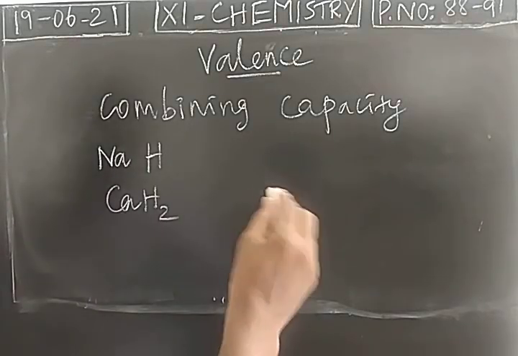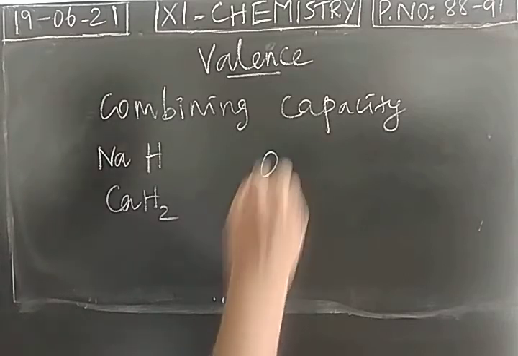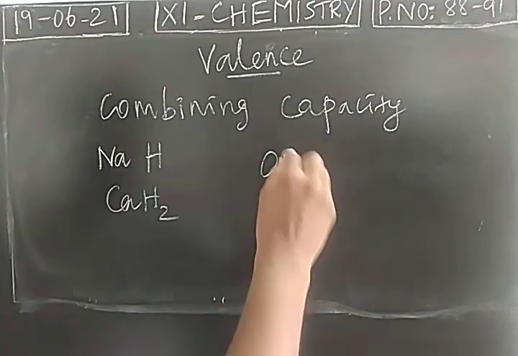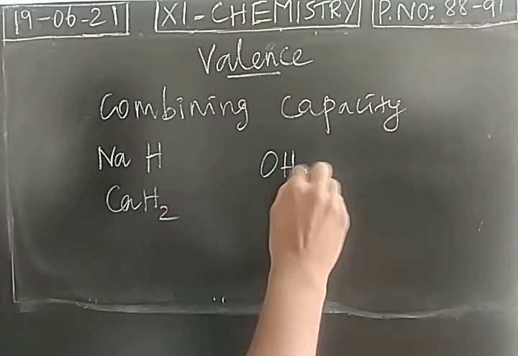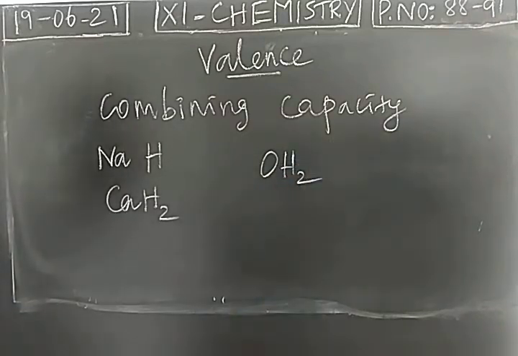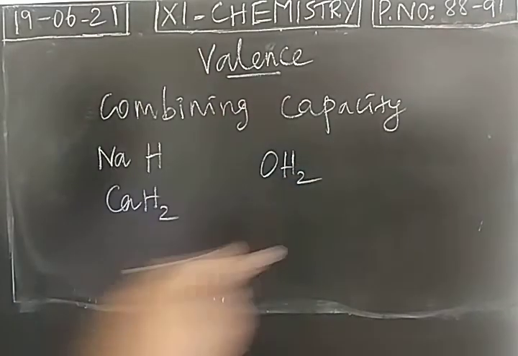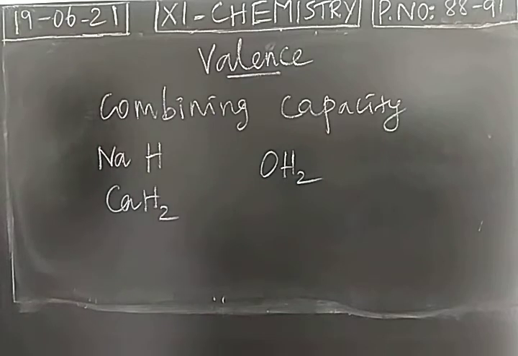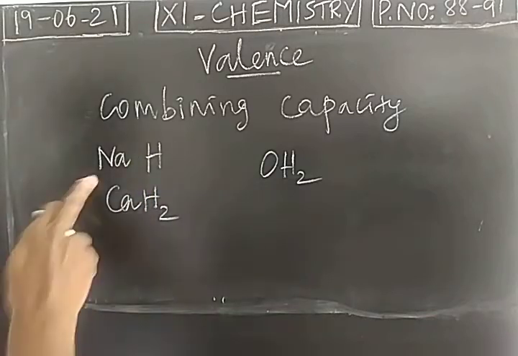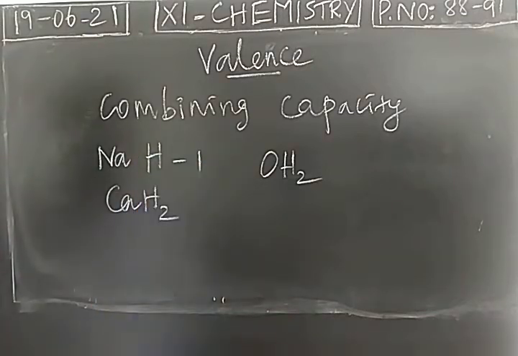And you can take oxygen. Oxygen is combining with 2 hydrogen atoms to form water. So from these compounds, we can identify the valence of the element. Sodium is combining with only one hydrogen, so its combining capacity is 1. So valence of sodium is 1.